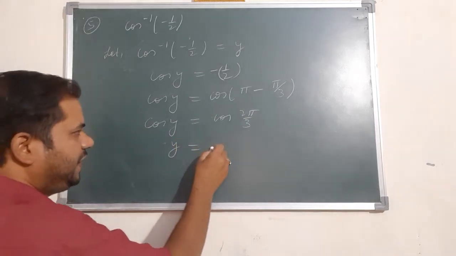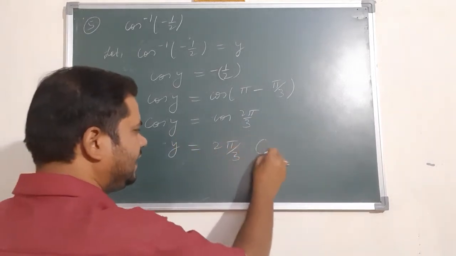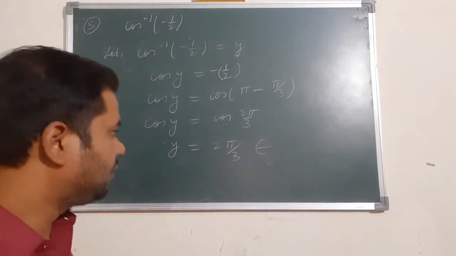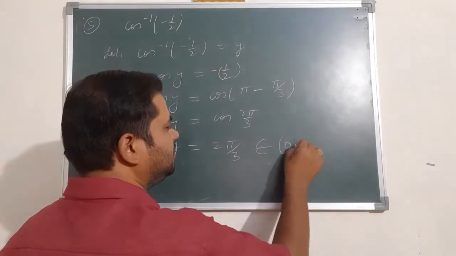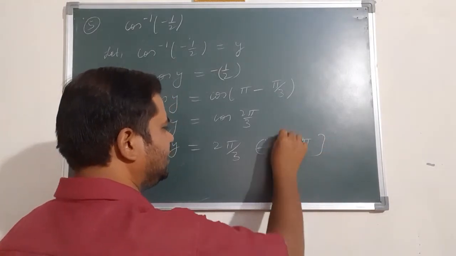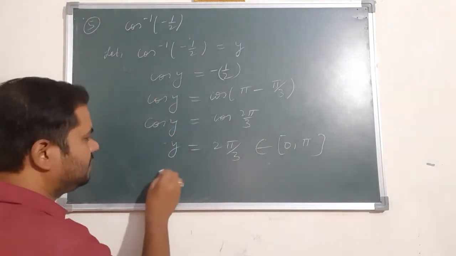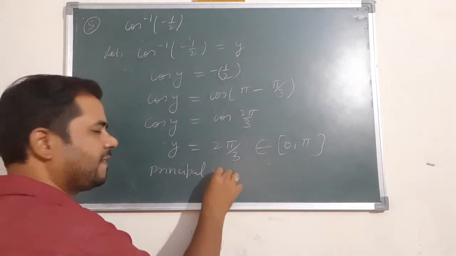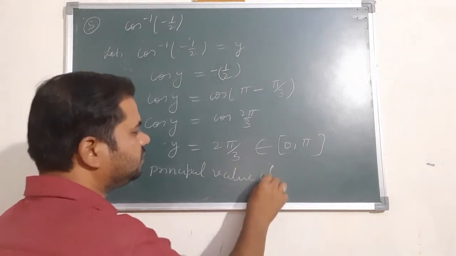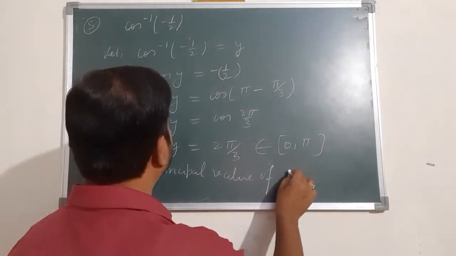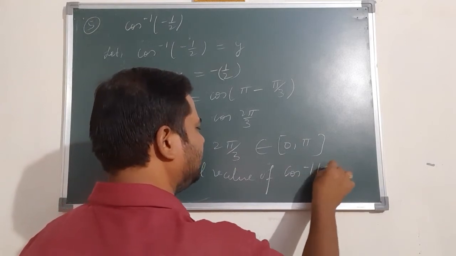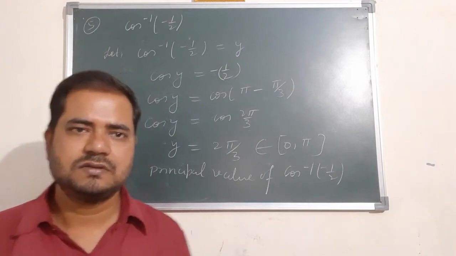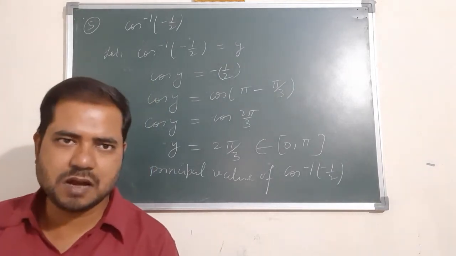So y must be 2 pi by 3, and this belongs to the range of this particular principal value branch, 0 to pi. Hence yes, this is the principal value of cos inverse of minus 1 by 2. I hope this is clear. Note it down. Some more questions we have to discuss here.